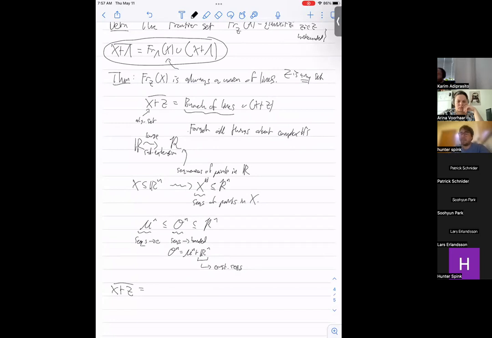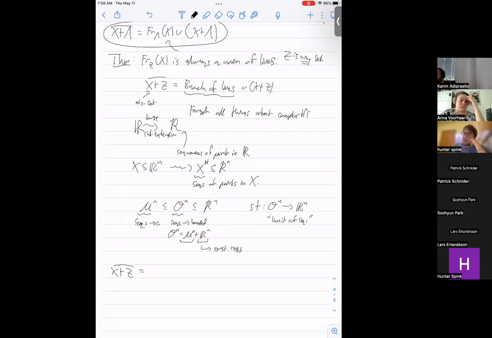One more piece of notation: I'm going to define the standard part map from O^n to R^n as the limit of the sequence. So it drops this mu^n part and just remembers the R^n part.